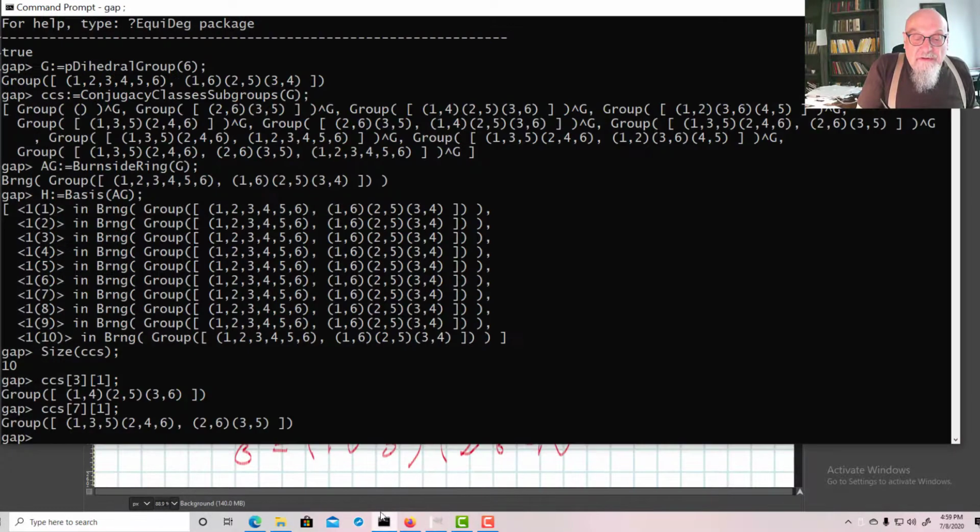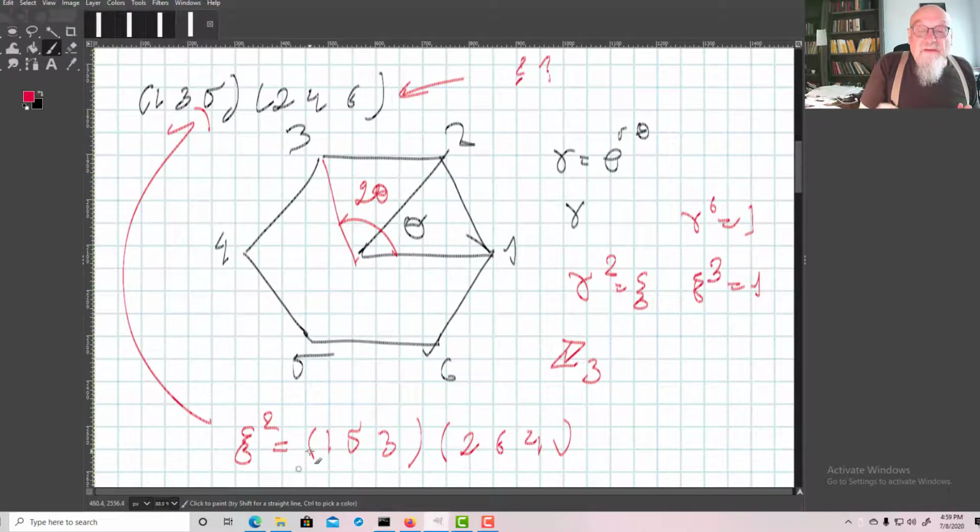But that's not the same. What could it be? This is 2, 6, and this is 3, 5. Let me look again. What does it mean? So 2, 6 and 3, 5. That's exactly kappa.